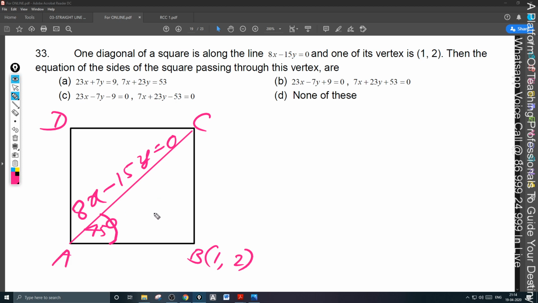Now this slope we don't know, let it be m. And this is tan 45. Again apply tan 45, the same method.